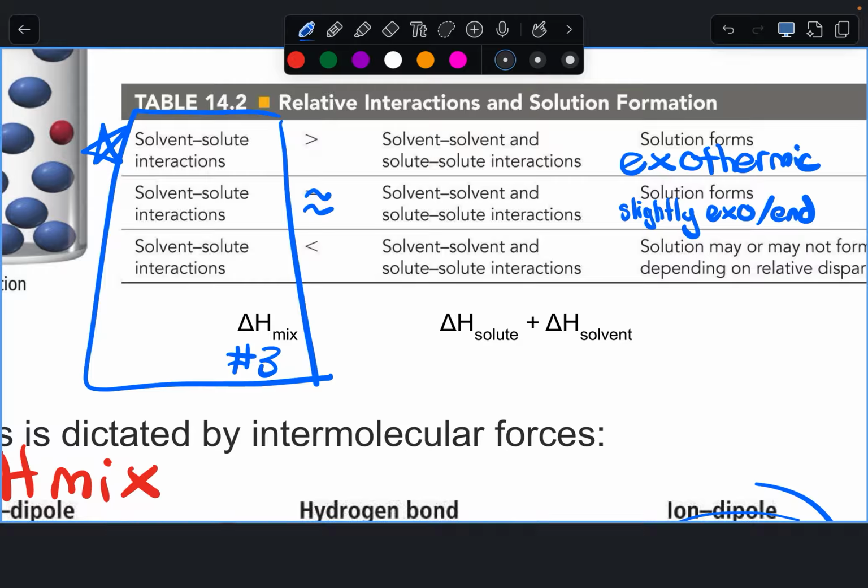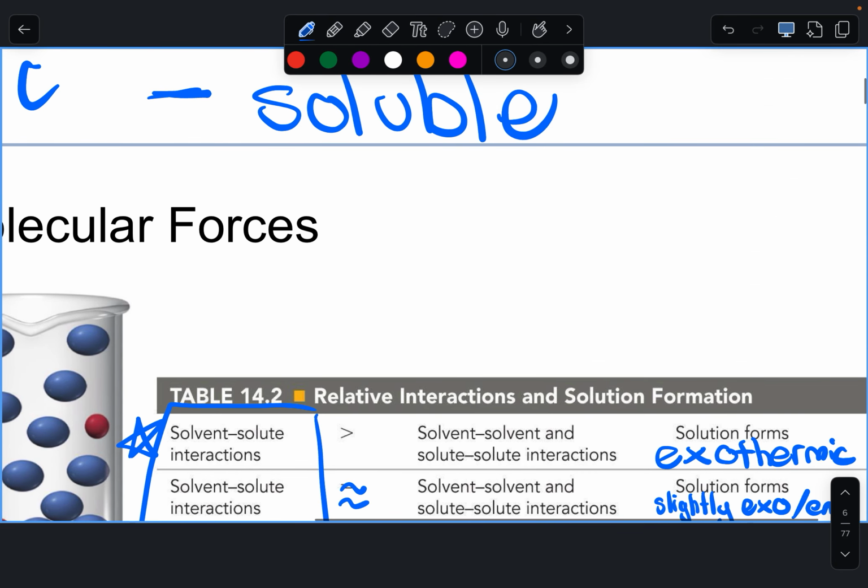They're really close to being about the same. Either it's going to release a little bit or it's going to absorb a little bit, but that's okay. So an energy diagram for that second one would look like maybe you go up, up, and down, and they're pretty much at the same level. Slightly higher, slightly lower, it's okay.